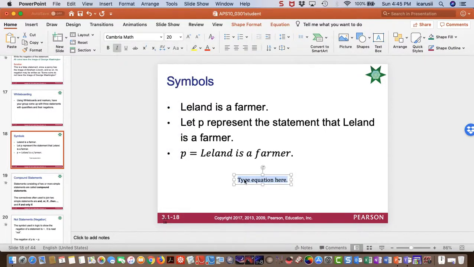And let me blow that up so that it actually looks like it's part of this slide. I'm going to say, okay, what is the negation of P? Well, simply put, Leland is not a farmer.